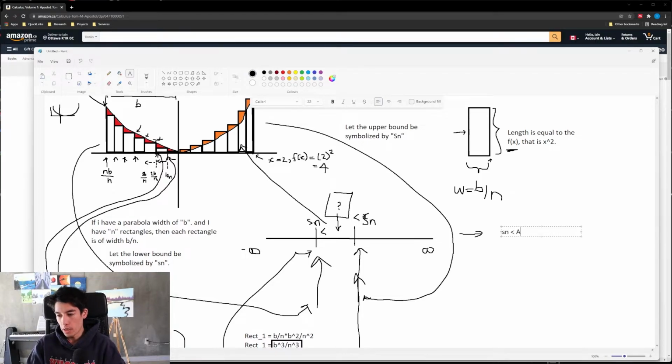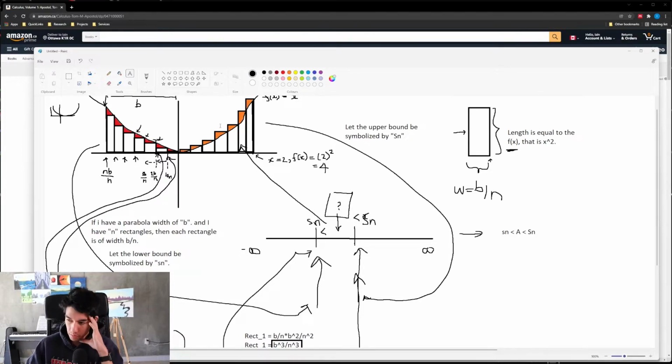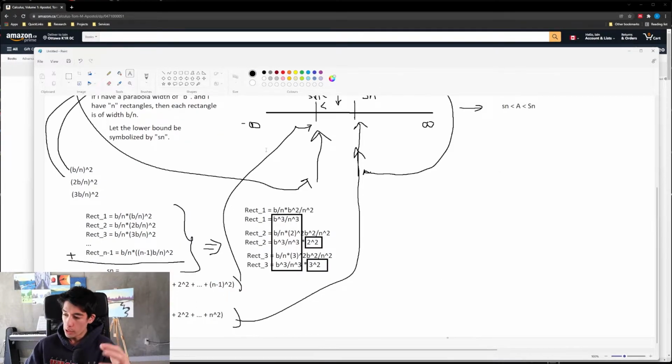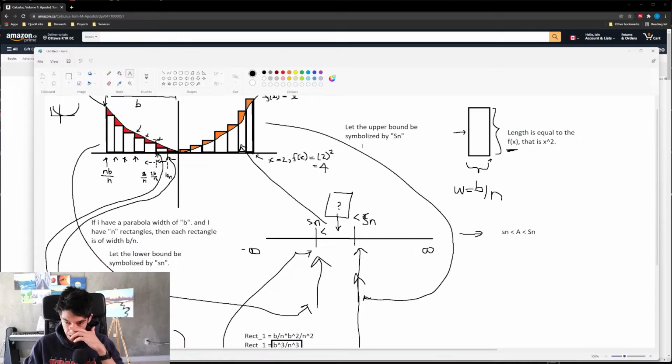Sn is smaller than A, which is smaller than S of n, where A is the area underneath the parabola. Now that we have things arithmetically defined, we can employ some algebra to find more information about these upper and lower bounds.